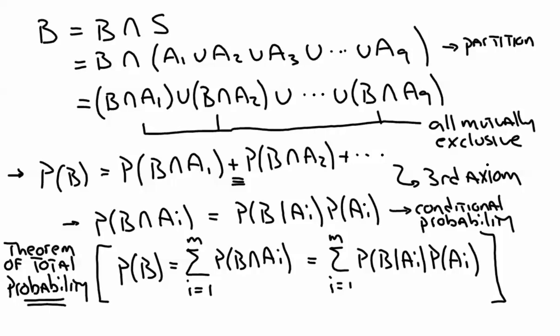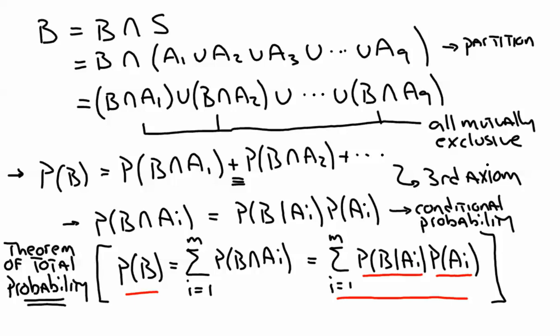All right. The probability of event B is equal to the summation of the conditional probabilities of B given some partition element, times the probability of A sub i. Add them all up. M can be any number.